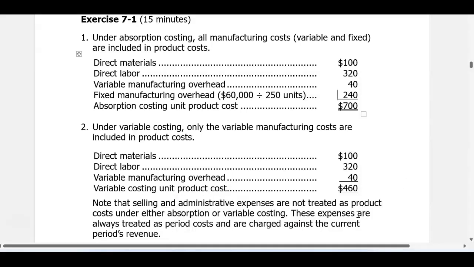These expenses are always treated as period cost and are charged against the current period's revenue. So under variable costing, your fixed expenses will be below contribution margin. And below contribution margin means period cost, right? Those gonna happen no matter what.